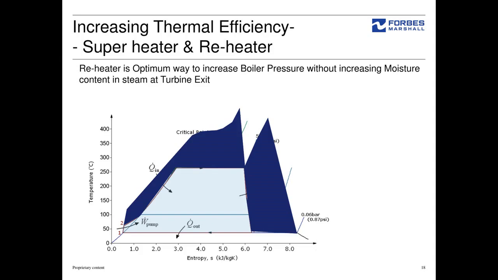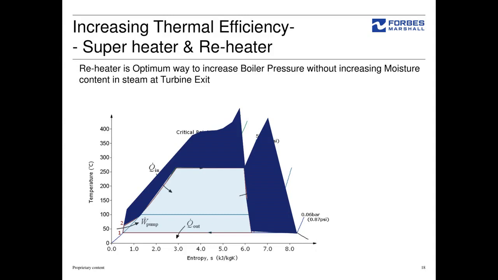We increase pressure of feed water and follow a higher pressure line. In a supercritical boiler, the pressure line will be above 250, sometimes 260 or even 300 bar. This high pressure line will take us to a point of around 600 degrees Celsius of superheated steam.